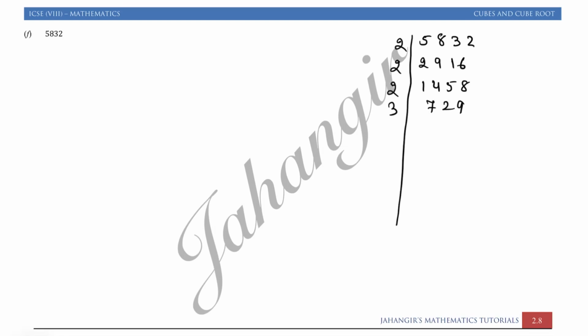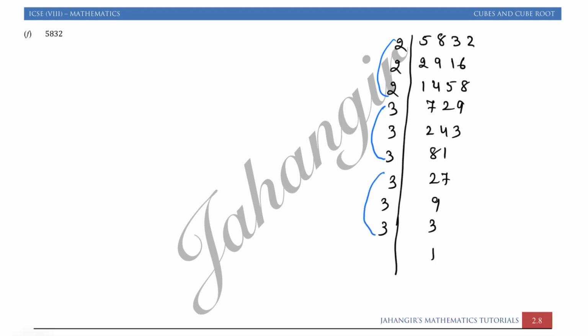We can use 3 now. 3 2s are 3 4s are 3 3s are 3 81s are 3 27s are 3 9s are 3 3s are and 3 1s are. Let's check whether we have pairs of 3 or not. 3 number का pairs है. Okay, we have. So we can write it is 2 cube into 3 cube into 3 cube. So therefore 5832 is a perfect cube.